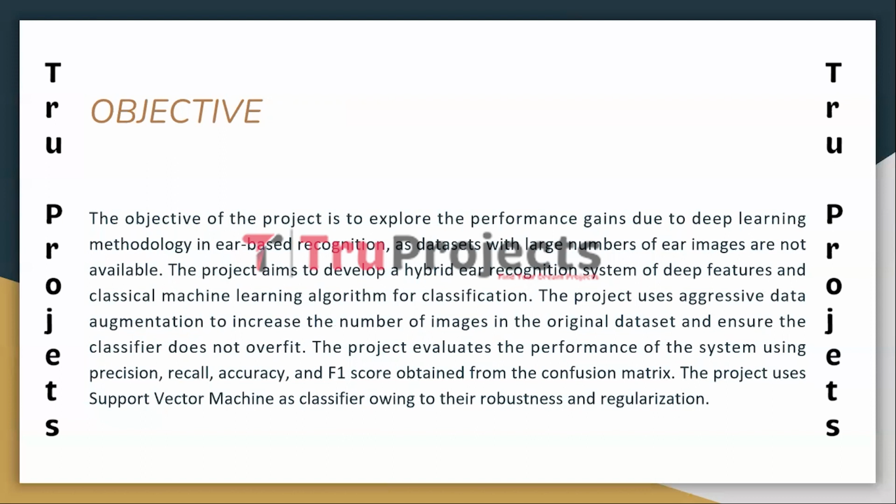The performance of the system is evaluated using various metrics such as precision, recall, accuracy, and F1 score calculated from the confusion matrix. This project specifically utilizes the support vector machine as a classifier, for its robust regularization property.